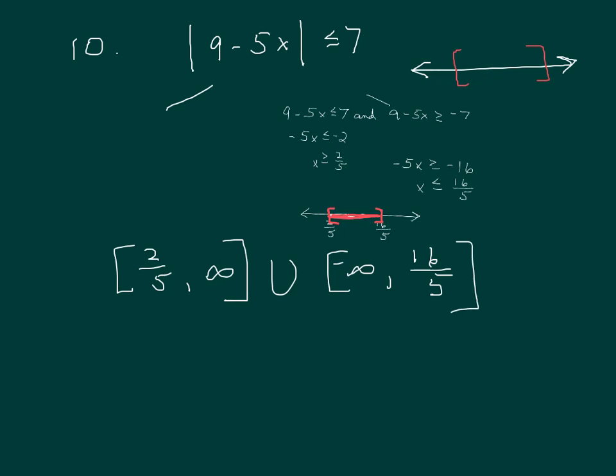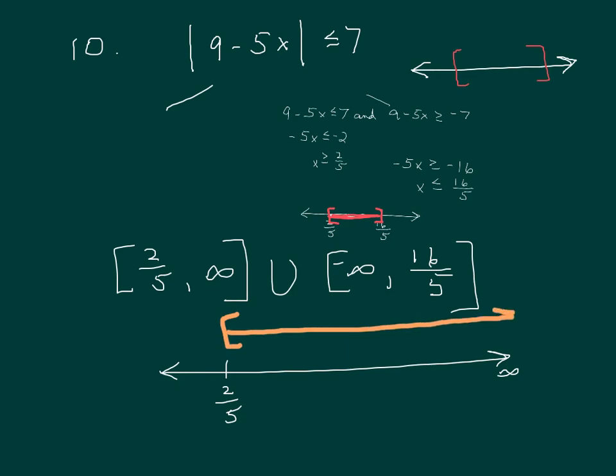So let's look at what that would graph as if we did take this as if it were an interval. Here's your 2/5 to infinity, and that graph looks like this. And that takes care of that interval. And then your other graph is going to be negative infinity to 16/5.